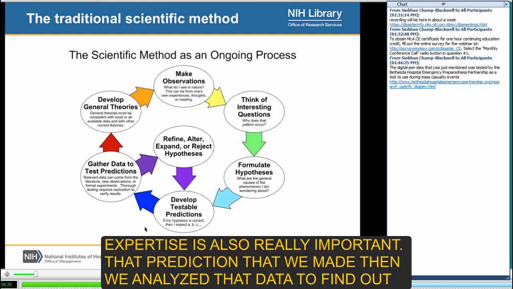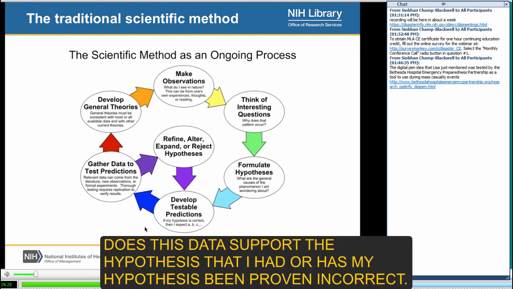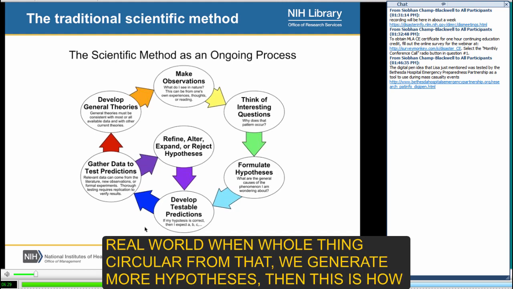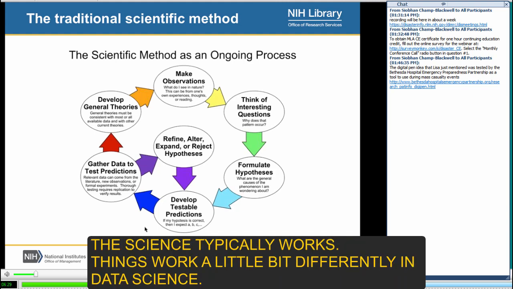We gather some data about that prediction that we've made, and then we analyze that data to find out: does this data support the hypothesis that I had, or has my hypothesis been proven incorrect? Once we've done that, we can develop some general theories from that and apply those to the real world. And then the whole thing is circular. We generate some more hypotheses, test them, and so on. So this is how the scientific process typically works.